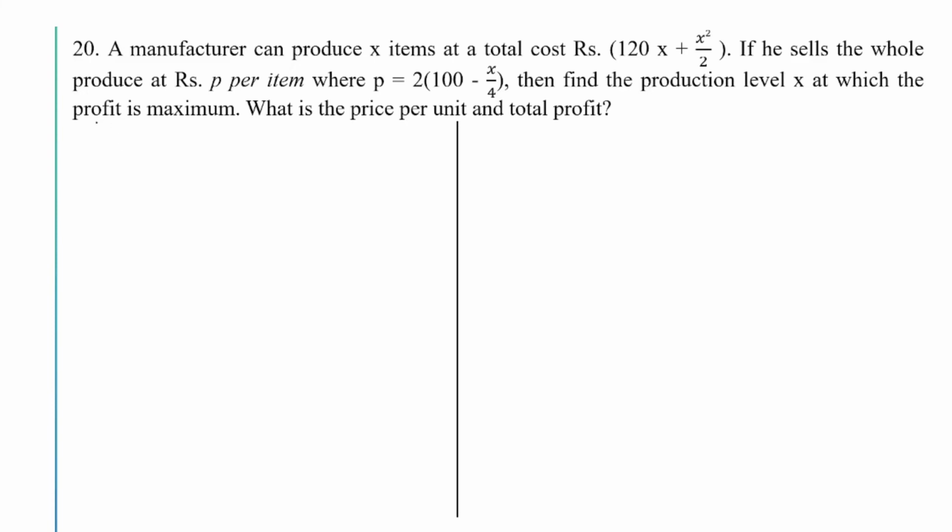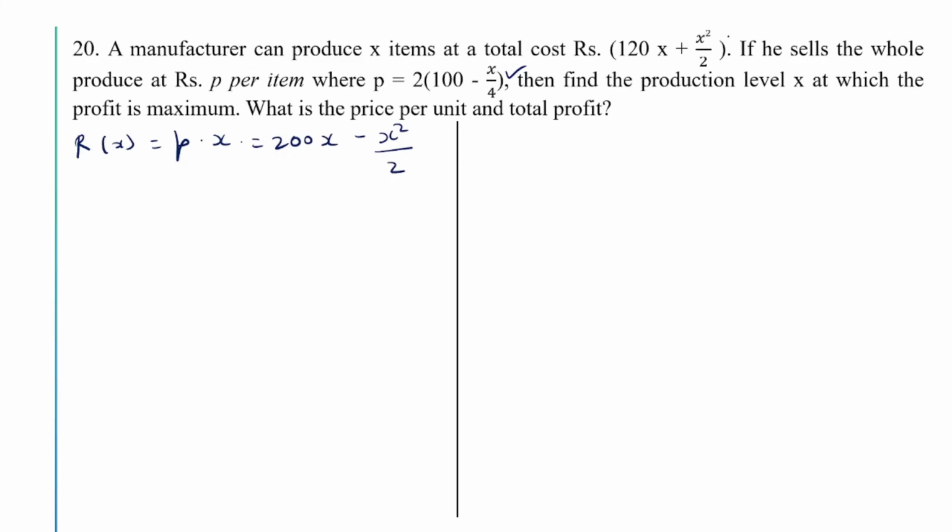So first let us find the total revenue. Revenue function is given by p into x. So here we have to multiply by x. So it is 200x minus 2x squared by 4. So we can write as x squared by 2. Then the cost function is given here.